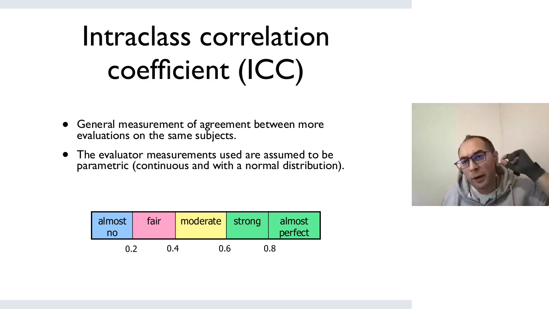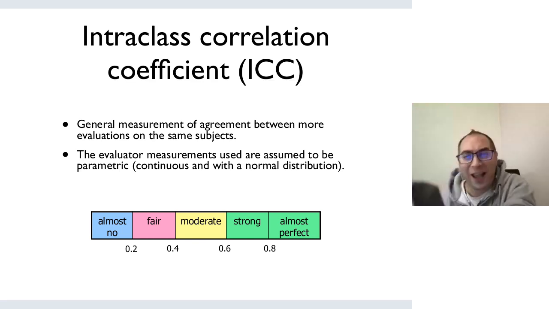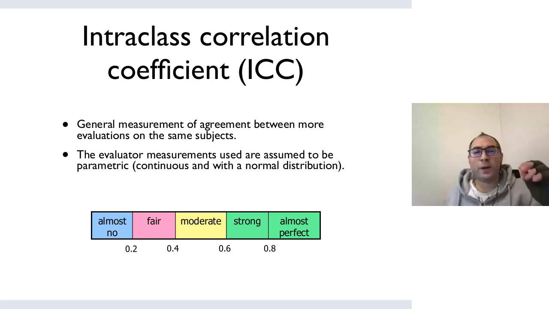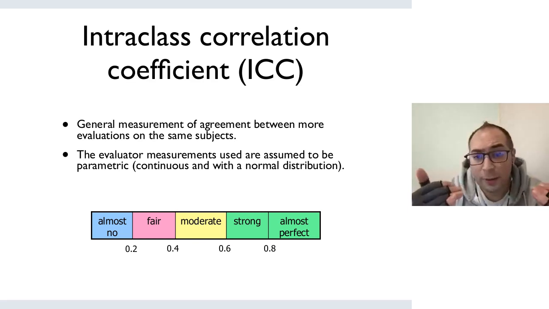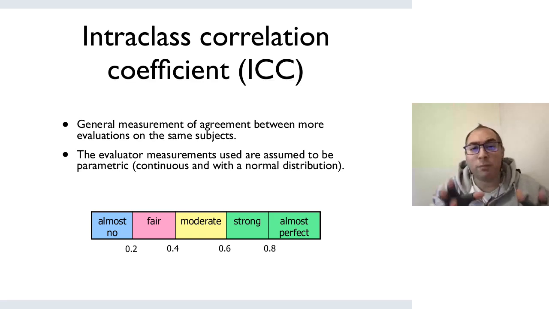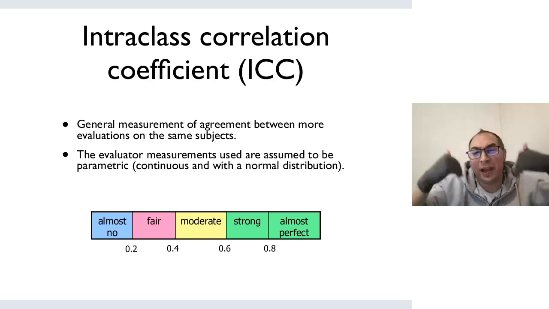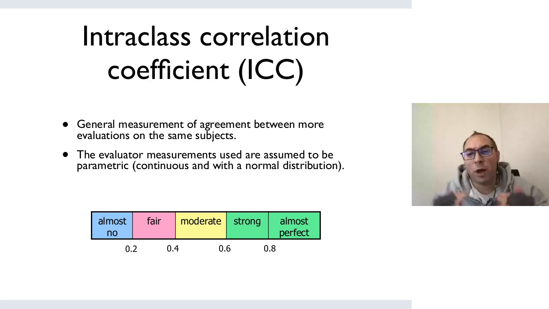Now, keep in mind, the intraclass correlation coefficient is not a bulletproof solution. You are supposed to defend the extent to which ICC reflects the validity of your study. It can be strong, even almost perfect. If it's between 0.4 and 0.6 or beyond, there's nothing wrong with it. If it's below 0.4, then there is something wrong. That's how you should use it. It's not only to claim validity and partial generalizability of your study, it is also to understand whether or not your research design actually makes sense.